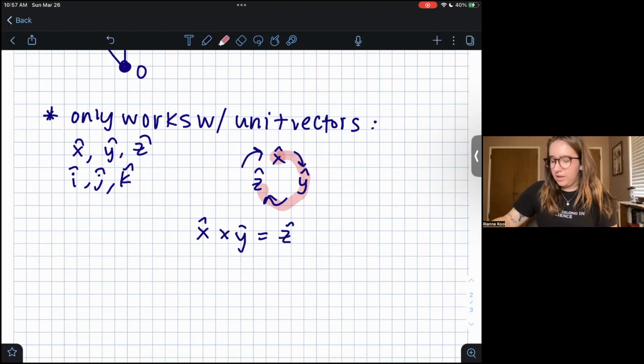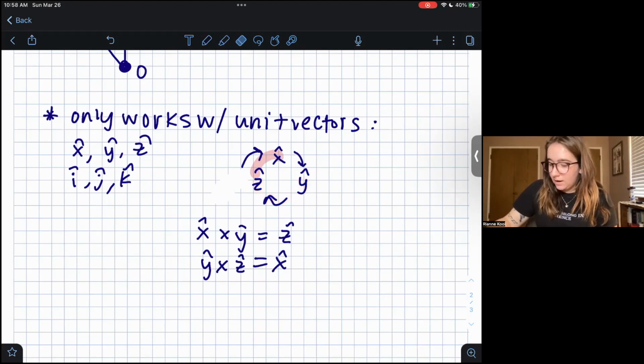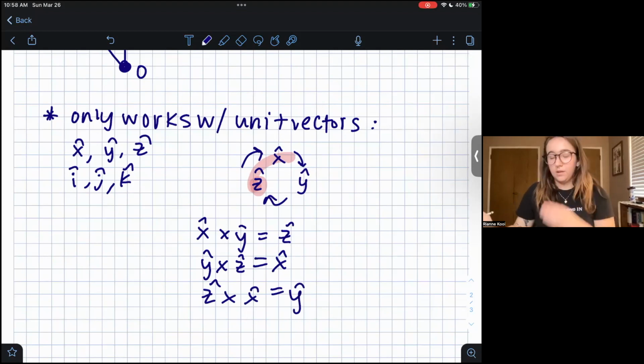Similarly, y cross z equals x. And then we can keep going: z cross x is y. So that's helpful to know if we are going in that direction.